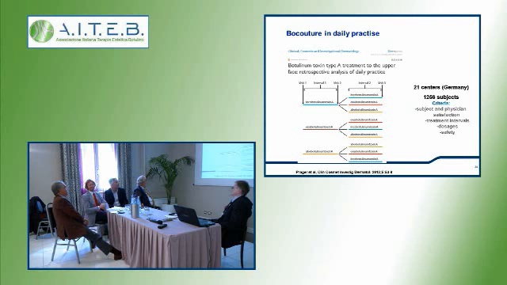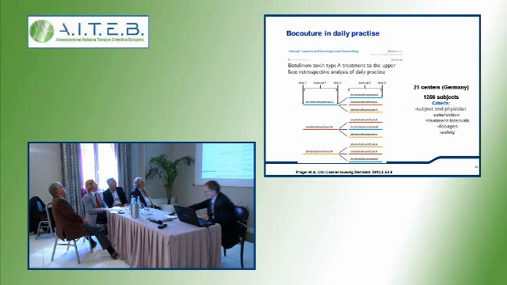So this was a huge retrospective study with more than 1,200 subjects. And in this case, the patients were treated with different products in different visits. So the treatment was divided in 2 intervals, 3 visits, and there were different groups.